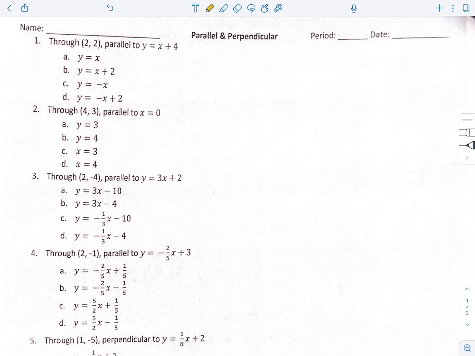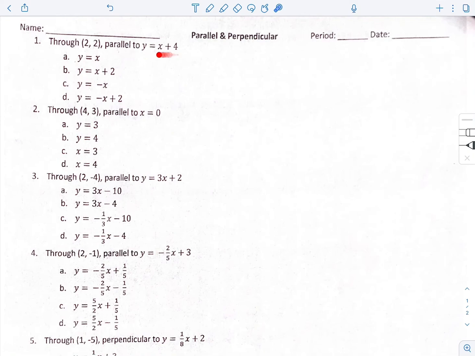All right, number 1. It doesn't give the full instructions, but we're to write an equation of a line that passes through the point (2, 2) and is parallel to y = x + 4. Okay? So, how are we going to do that? We already discovered that when we're talking about parallel lines, they have the same slope.